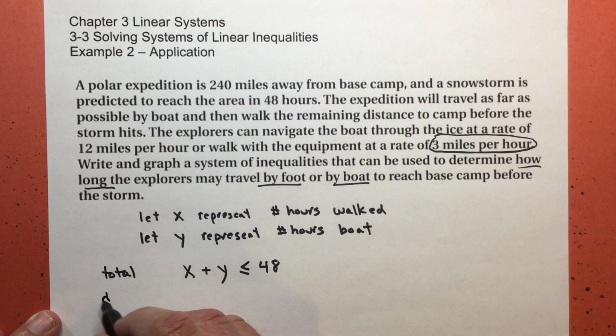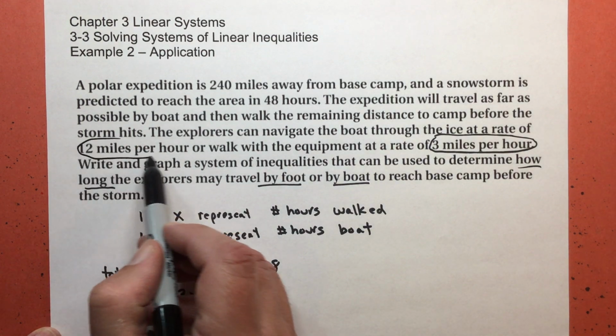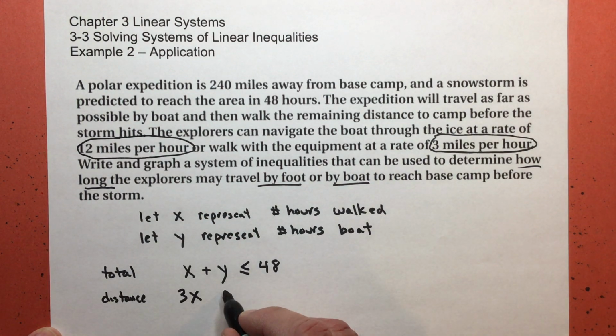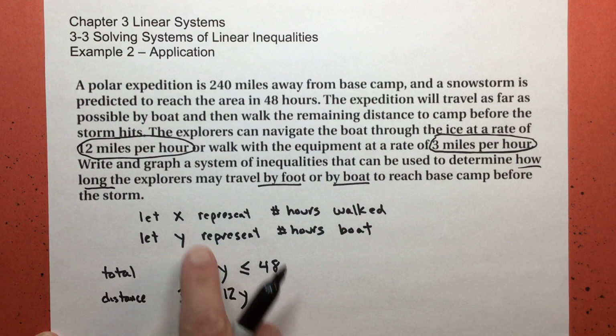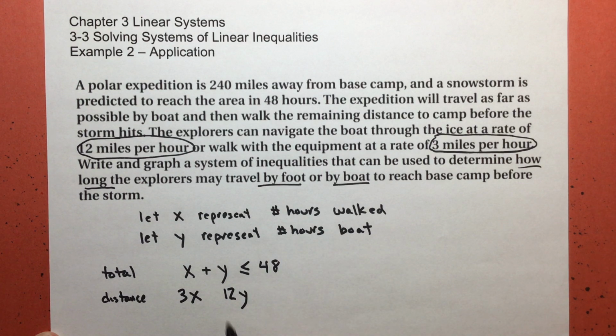So for the distance, how far are they going to walk? It's going to be 3 multiplied by the number of hours that they walk. How far are they going to boat? The boat goes 12 miles per hour. So that's going to be 12 multiplied by the number of hours. Remember, X and Y represent the time, the number of hours that they walk or boat. I'm going to add these two together because that represents the total distance.